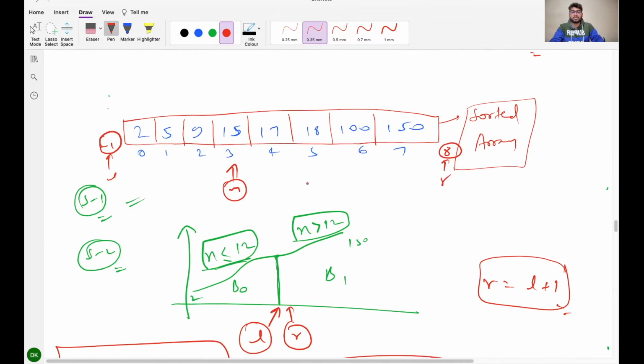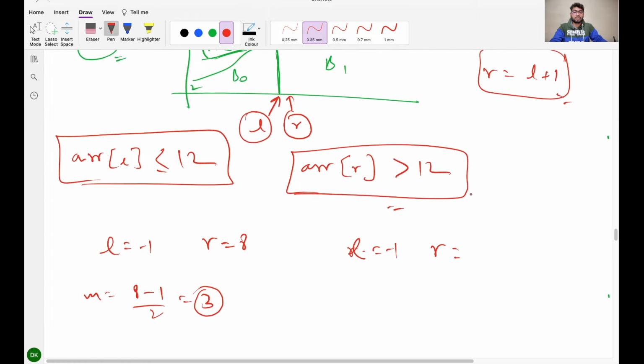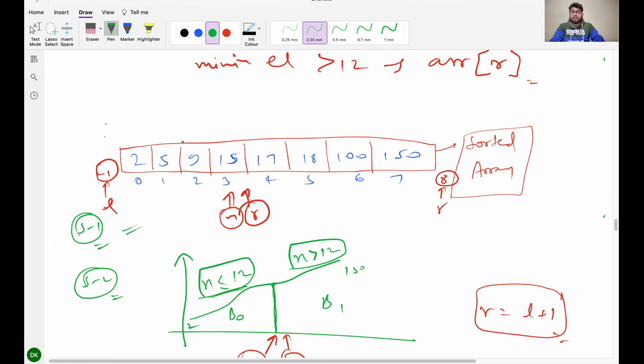So I return false and I update my R. So my R would be here, and again my L would be -1 and my R would be 3, and again M is (3 minus -1) divided by 2, that is 2, so M is 1. Okay, now I am at index 1.